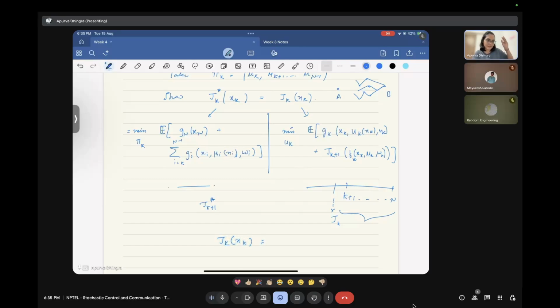So it has the idea of principle of optimality in the background, which is why this is the same as the optimal value of jk for that particular state. Is this okay?